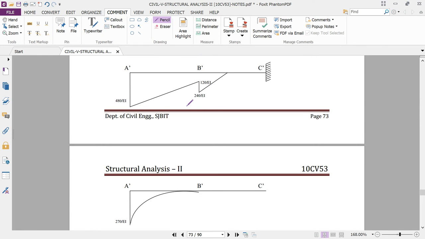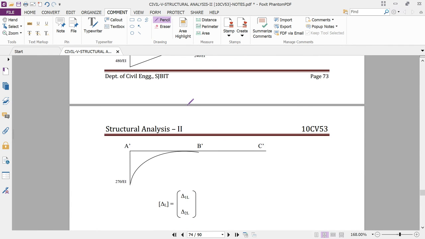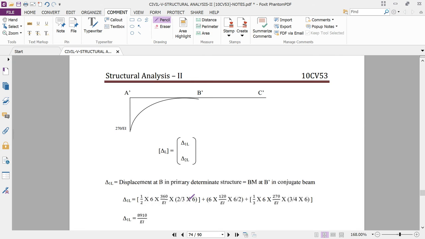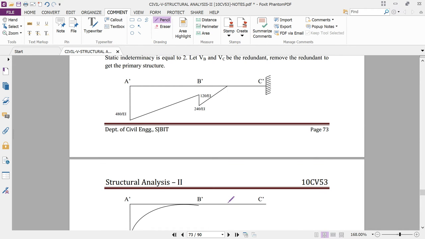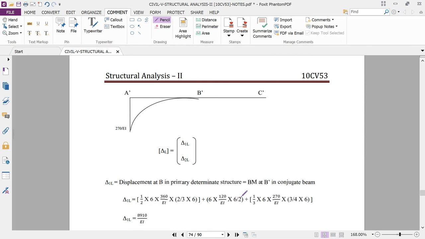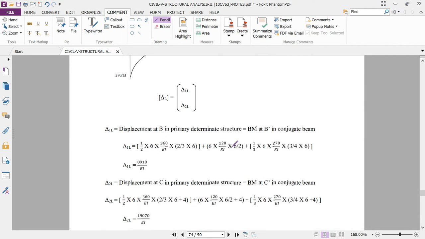So 480 plus 280, that will be equal to 360 by EI into 2/3 of 6, plus 6 into 120 by EI. This 120 is the apex we have to consider, into 6 by 2, half portion, then plus 1 by 3 into 6 into 270 by EI into 3 by 4 into 6. So delta 1L is equal to 8910 divided by EI.